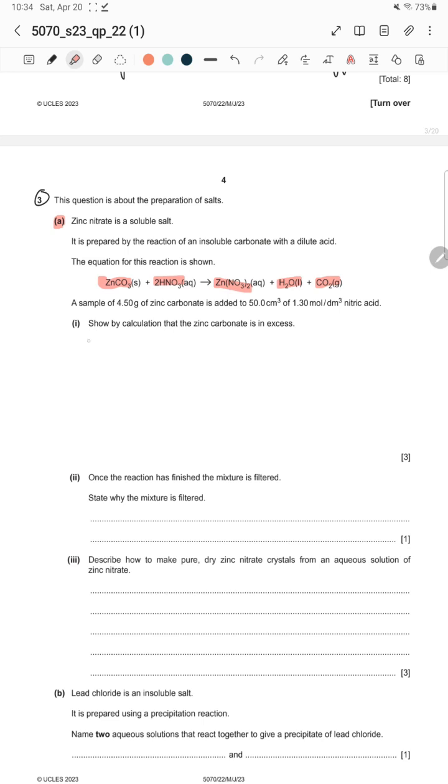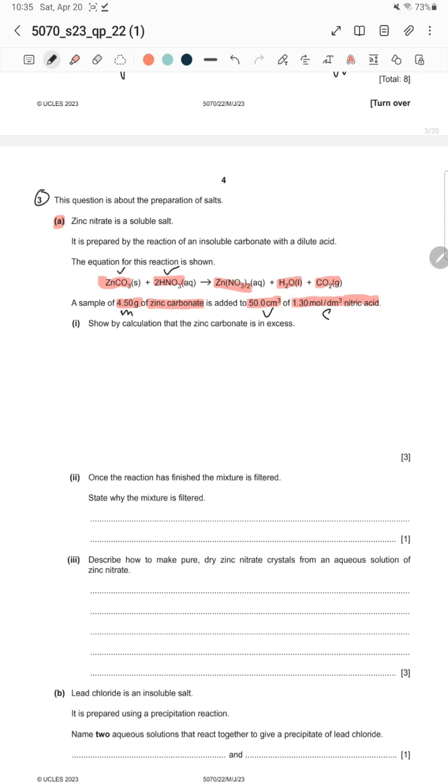So here a sample of 4.50 gram of zinc carbonate is added to 50 cubic centimeter of 1.30 mole per dm cube nitric acid. Concentration and volume of nitric acid is given, and you are given with the mass of zinc carbonate. Show by calculation that zinc carbonate is in excess. So if zinc carbonate is in excess, it means the limiting reactant is nitric acid.